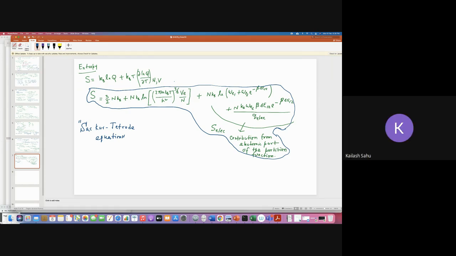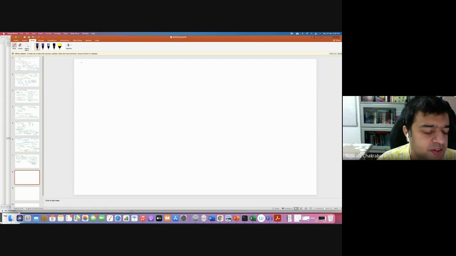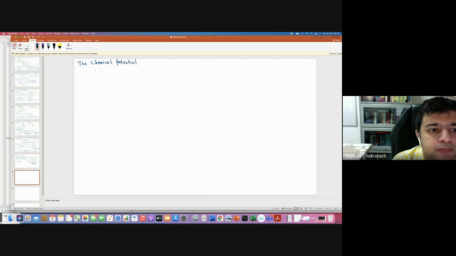So I can also calculate other quantities. For example, I can calculate the chemical potential. This eraser gives me trouble sometimes.